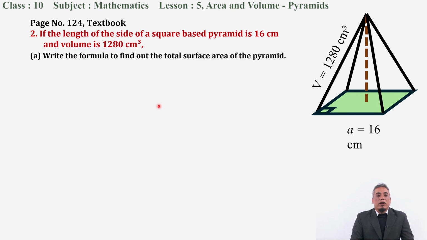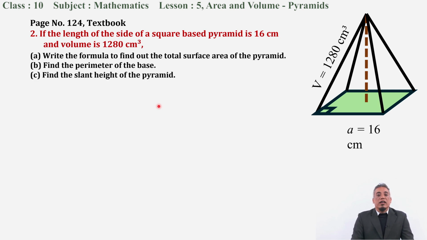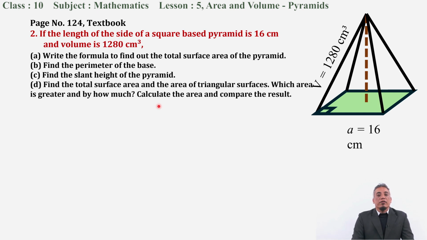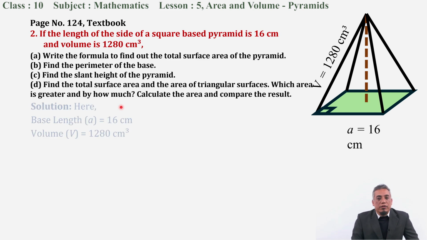We have to write a formula on total surface area of pyramid, then find the perimeter of the base and find the slant height of the pyramid, and finally compare the total surface area and the triangular surface area, and which is greater by how much we have to write. So I think you can solve this problem easily, as we have discussed all the formula before.